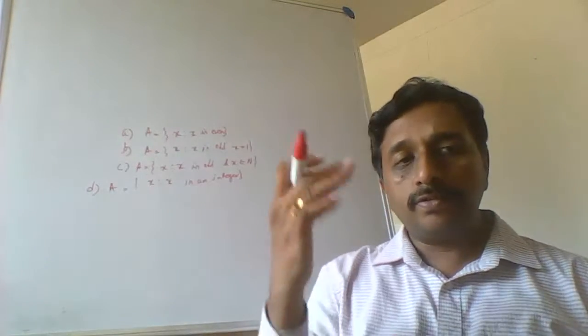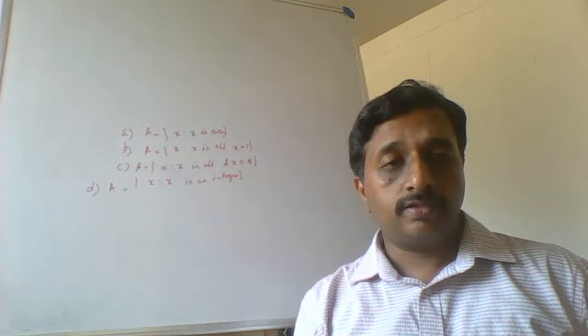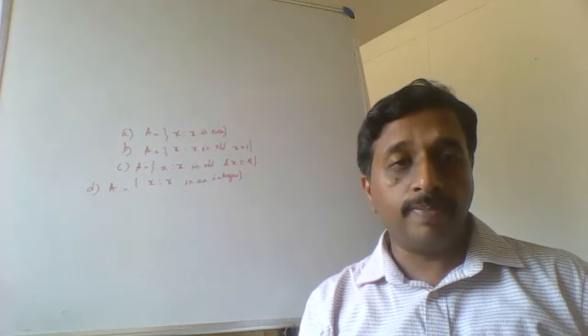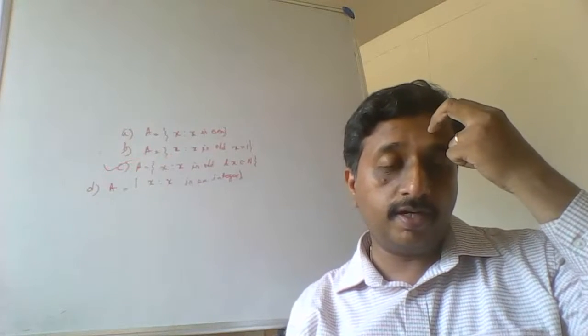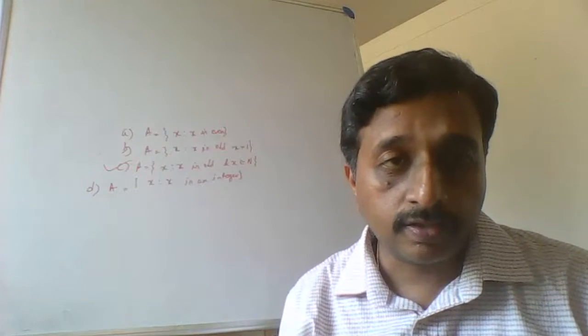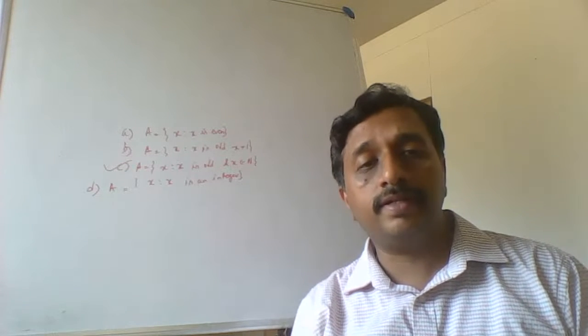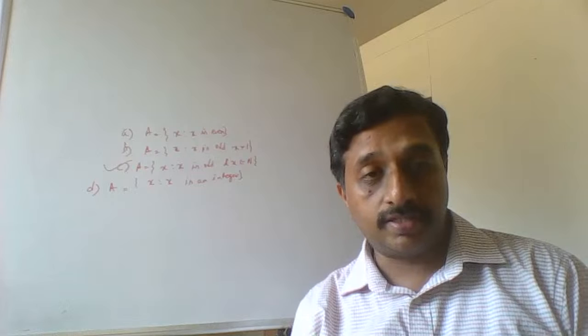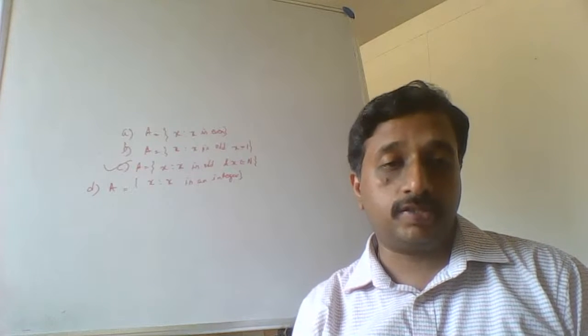Now, if you notice these 4 choices I have, the correct answer should be C. Let me explain. When we add 1 to even integers, we obtain odd integers.